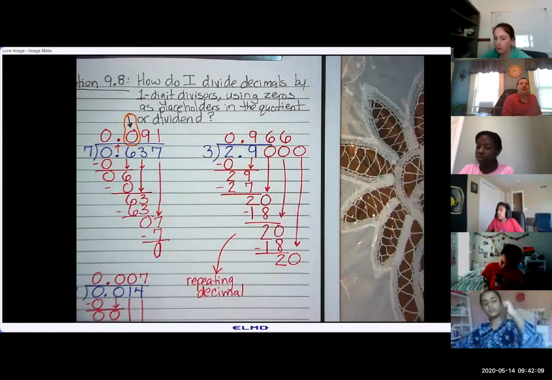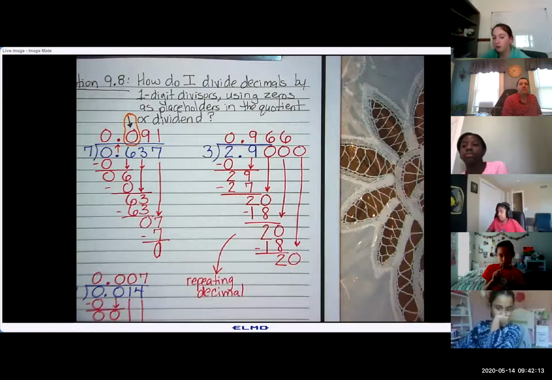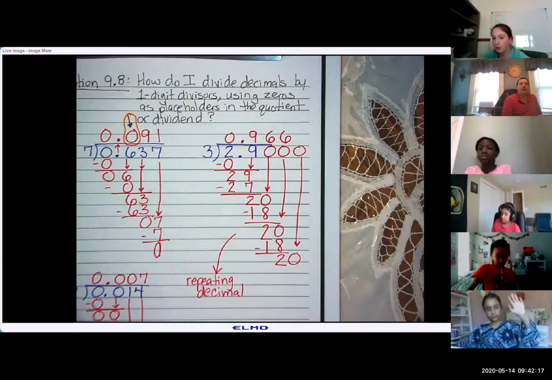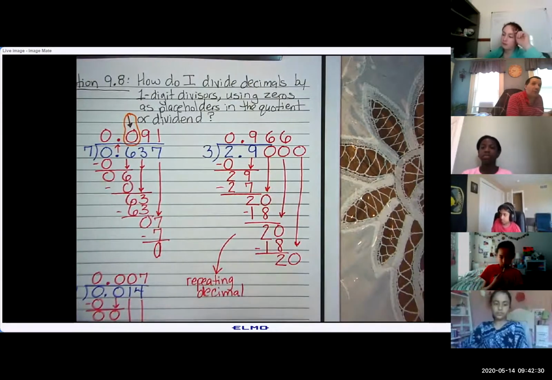What is it that would keep repeating? What keeps repeating over and over and over again? In my quotient, what would keep repeating over and over again? 6. Right, Emma, 6. So this is what I would write as my answer.